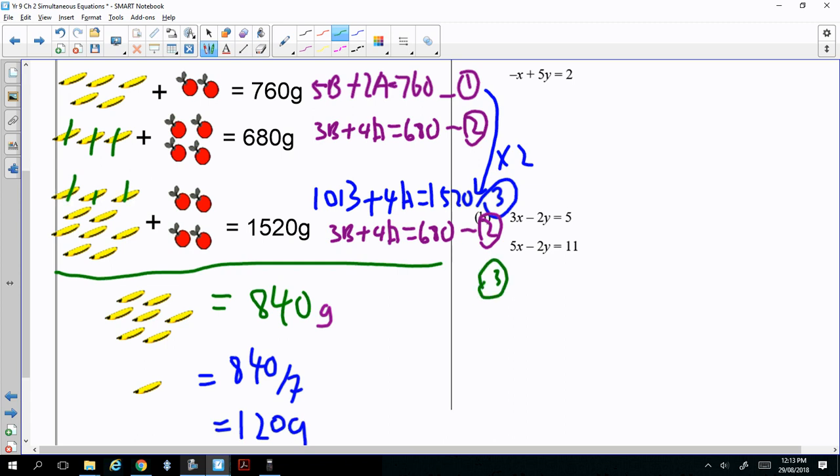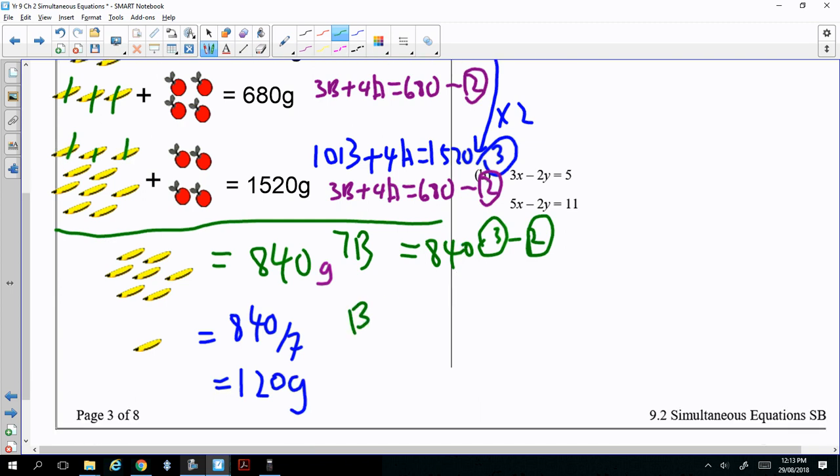If I subtract them, what do I get? 10 minus 3 is 7 bananas. See, there's 7 bananas. But the 4 apples get cancelled. So you end up getting 840. So therefore, to get 1 banana, you divide 840 by 7, which gives you 120.